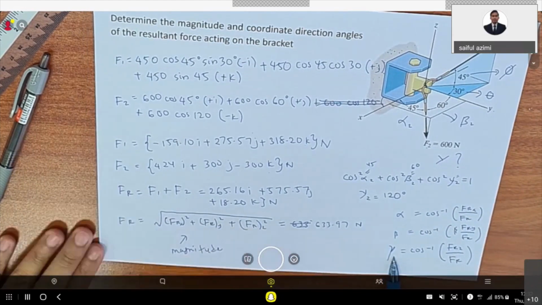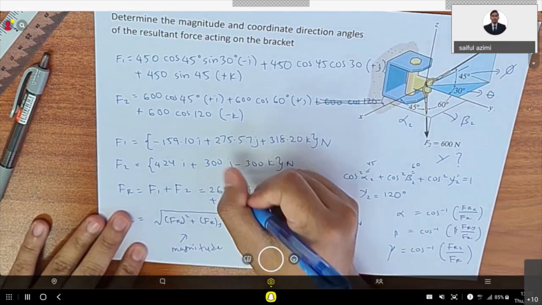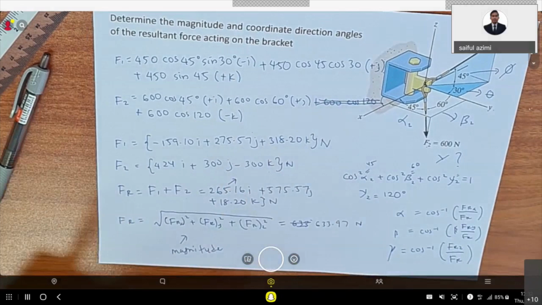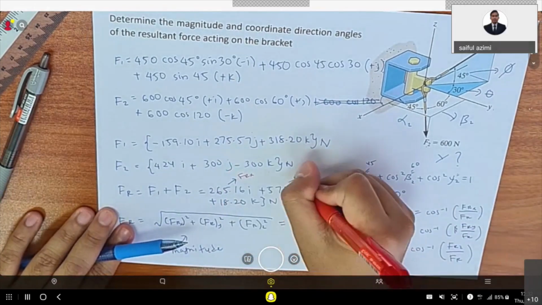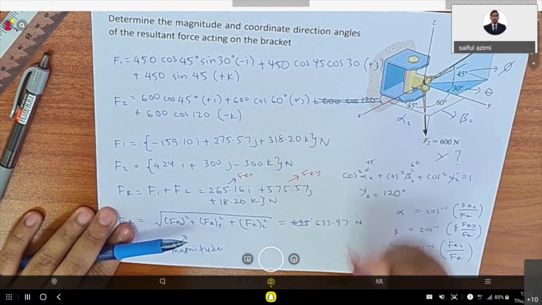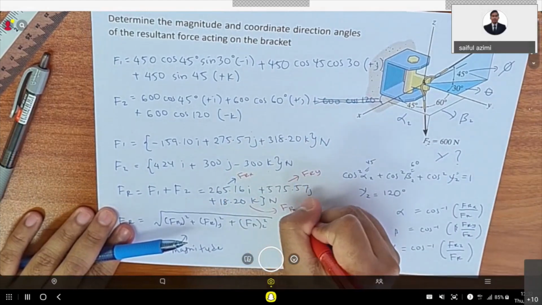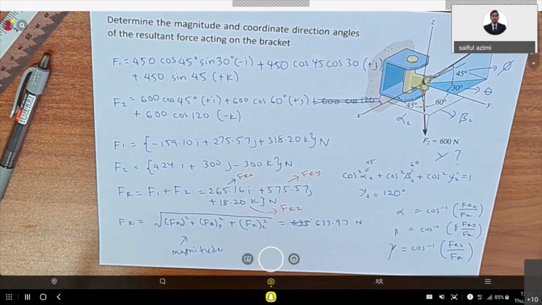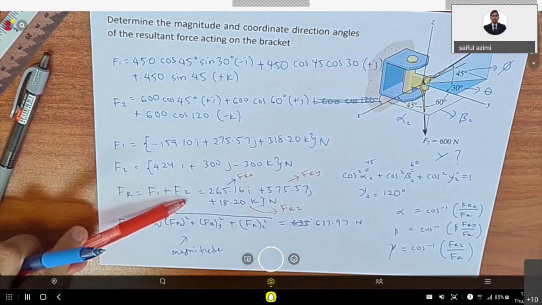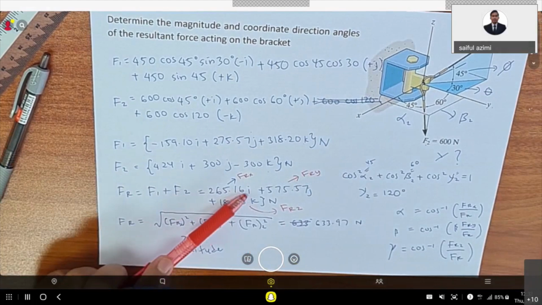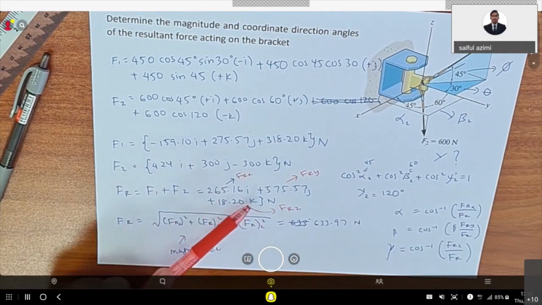So from here, this is your Frx, this is your Fry, and this is your Frz. You need to add all of the forces together, but you must add by using i: i you add with i, j you add with j, and k you add with k.